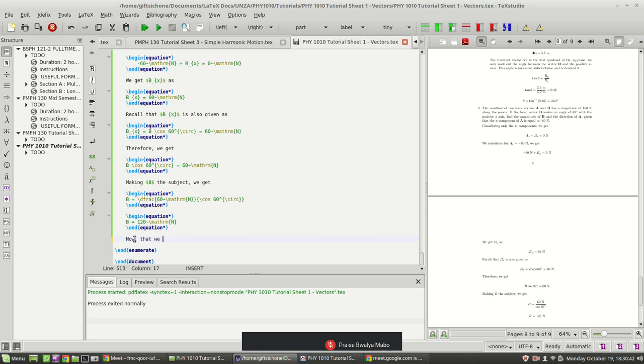Okay, so now that we know the magnitude of B, we can proceed to find BY as follows.